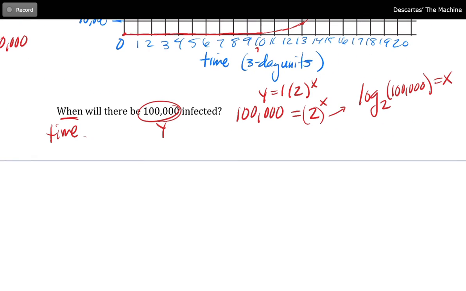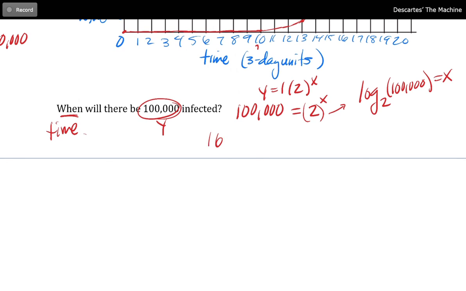So between 16 and 17 units of 3, which, oh my goodness, I'm so embarrassed. Where's my calculator? So let's see here, between 16 times 3, yeah, 48. Golly, I'm embarrassed about that. Between 48 and 51 days.